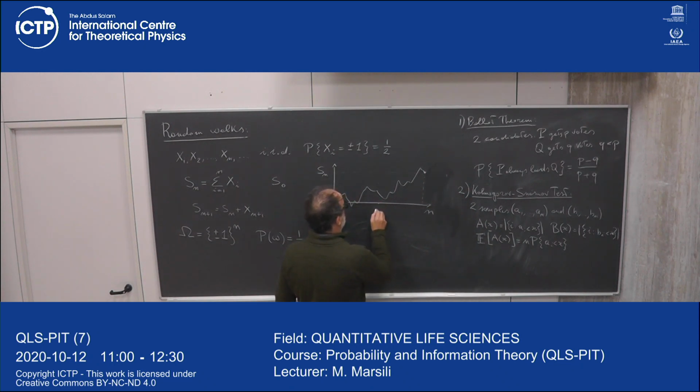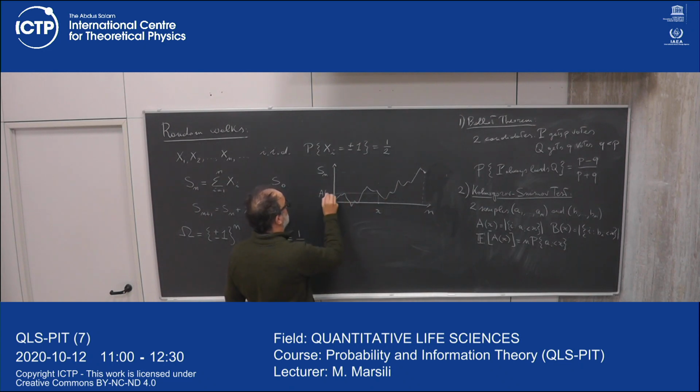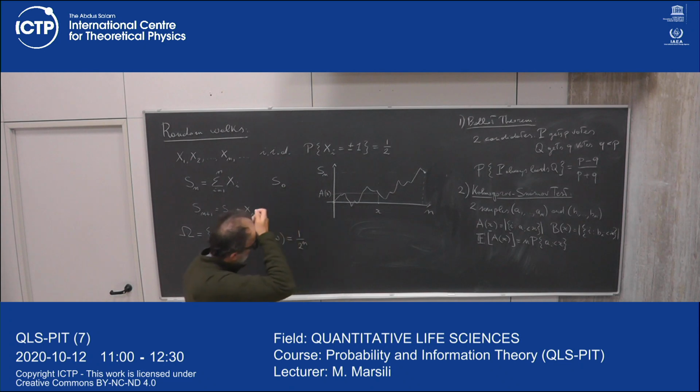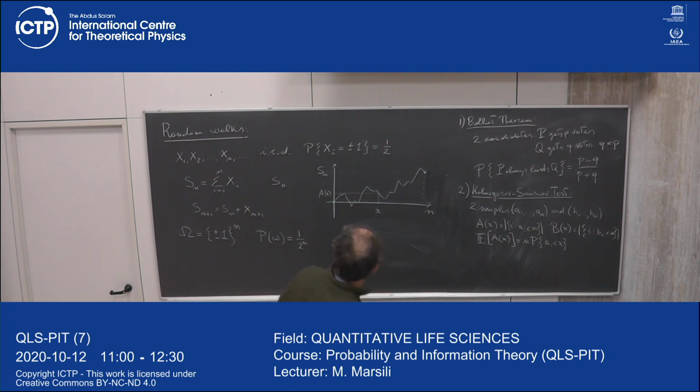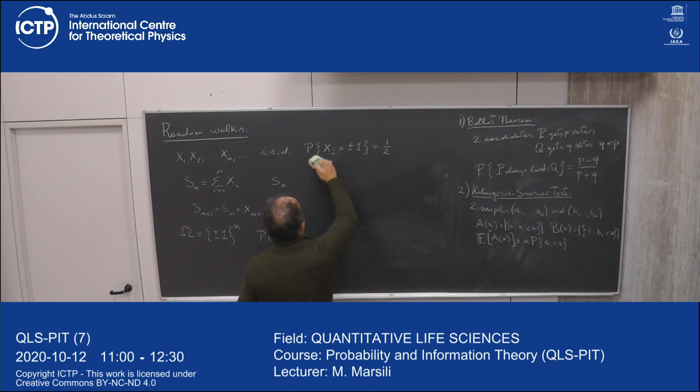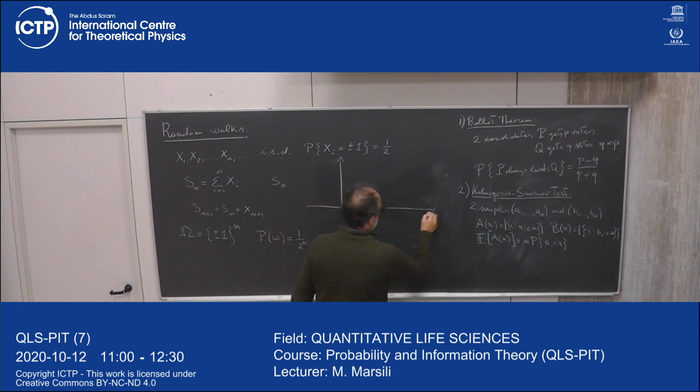So if this is x, this would be A of x. How will this curve be drawn?